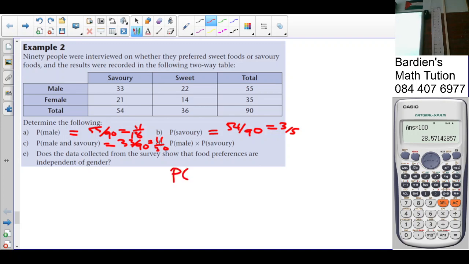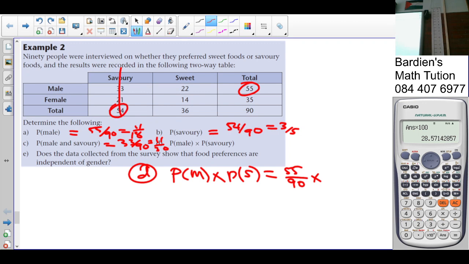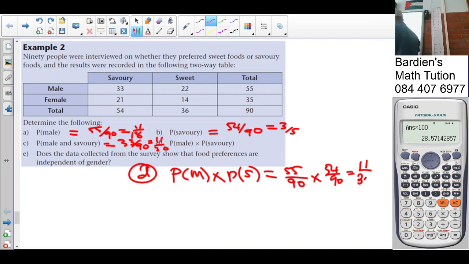Probability of male times the probability of savory. So the probability of male is 55 out of 90 times the probability of savory, 54 out of 90. Somebody work this out? 11 out of 30. Now this is the difference between the two.